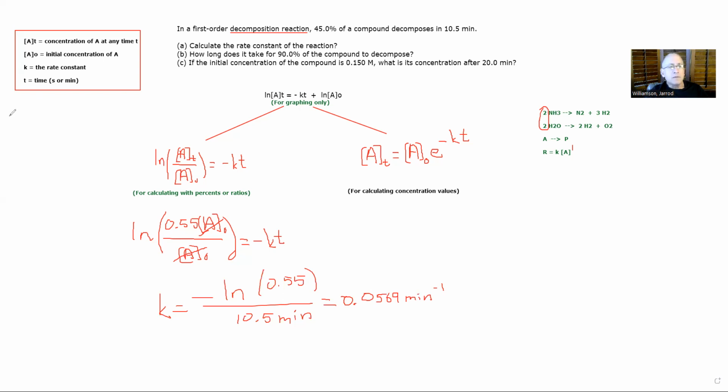That's the rate constant. So for part A, we got k is equal to, let me type it. I'm going to use small font so I can save some space. Type it right here. k is equal to 0.0569 minutes to the minus 1. Now I have a record of it, but I still have space. That's part A. Erase this stuff.